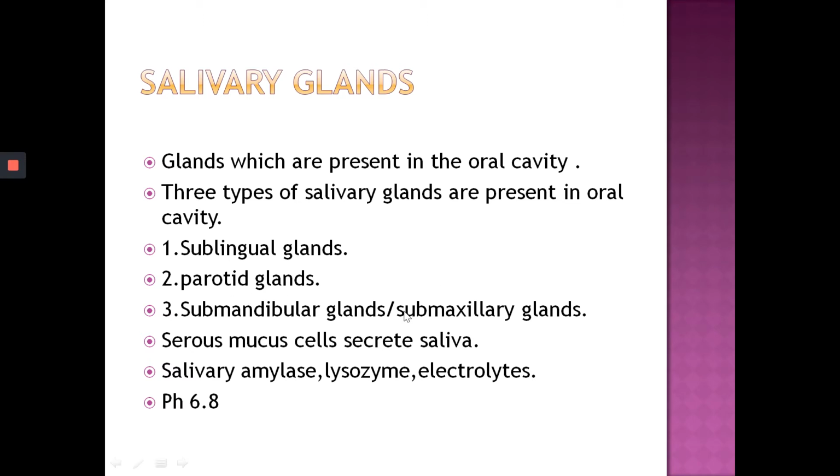These glands are present at the angles of the lower jaw. These 3 glands, sublingual, parotid, and submaxillary, consist of several types of cells known as serous and mucous cells.